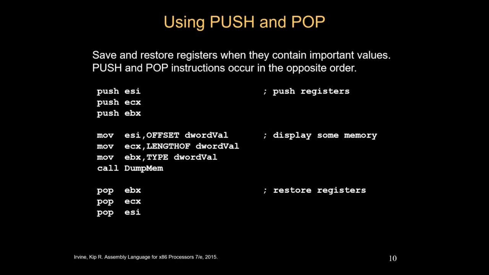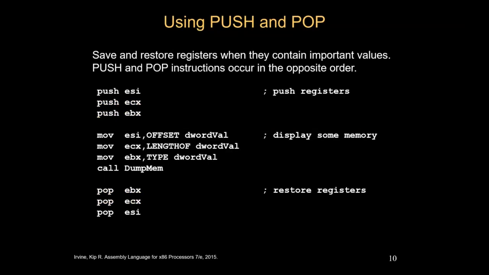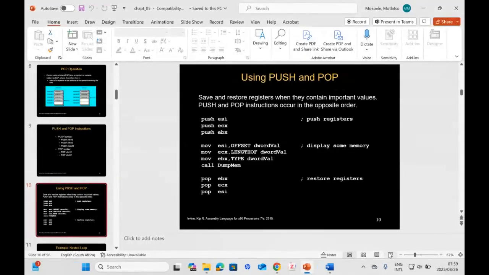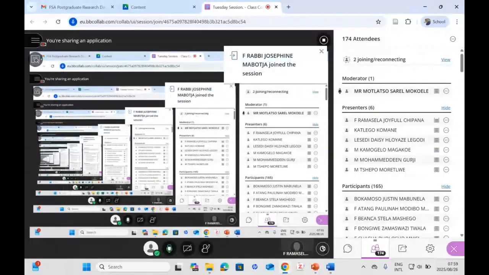I'm going to give you 5 minutes to write a simple code, apart from this one, that mimics push or pop. 5 minutes, guys. You have only 5 minutes. And I'm going to expect different hands from the ones in the presenters.